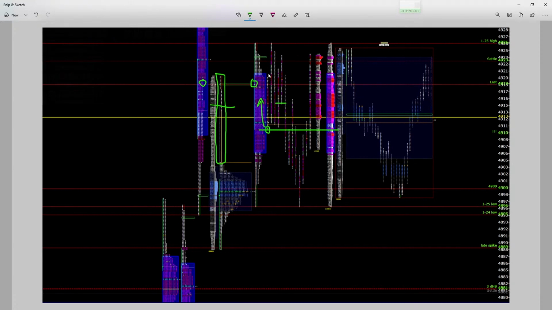You have it going higher here. Then this one ends the upside movement. This ends the downside movement. The rotation continued throughout the session toward the highs. And at the end we have this rotation back to the highs. I just couldn't take this.